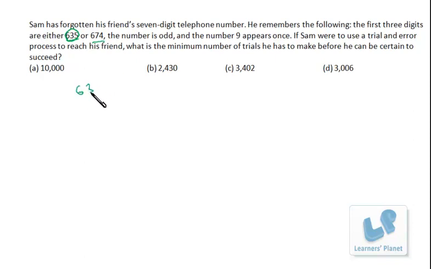So first of all, for 635. Now the number is of 7 digits and we are making the calculations for the last 4 digits. Now there is a restriction on the number 9 that it appears only once. Suppose 9 appears at the 4th place.